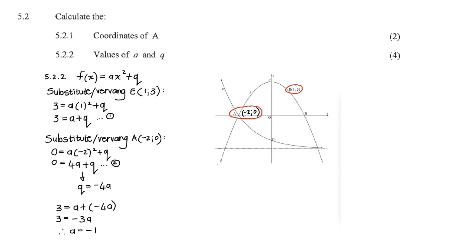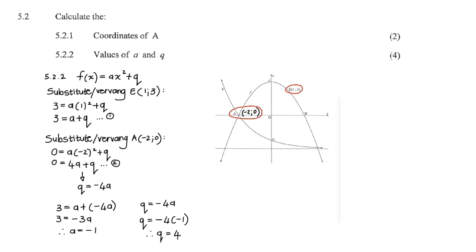Then we get a = −1. Now we can substitute this value into q = −4a. So q = −4 × −1, and that equals 4. So q is equal to 4.